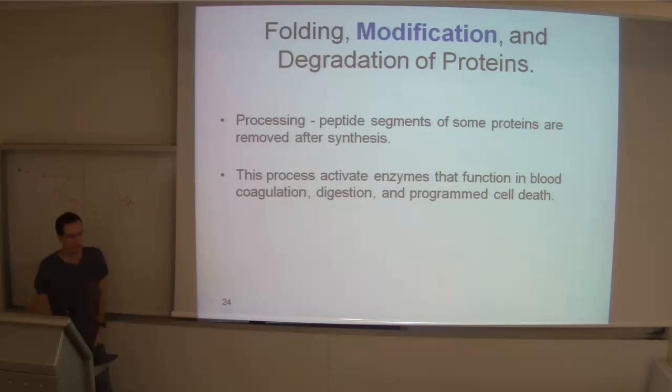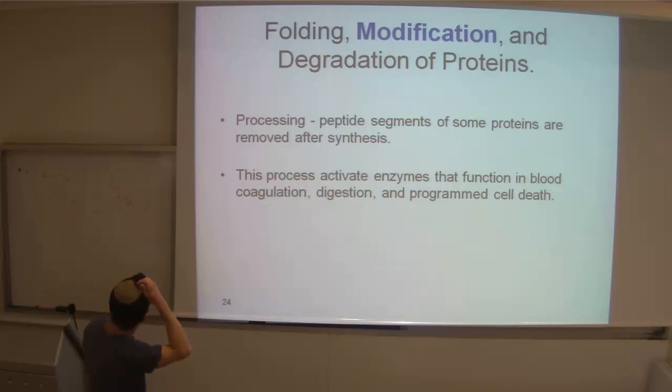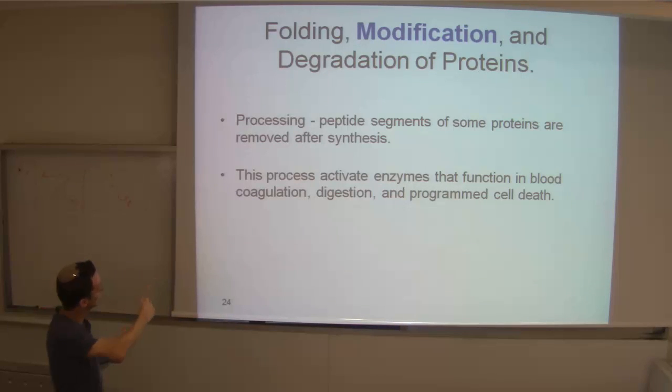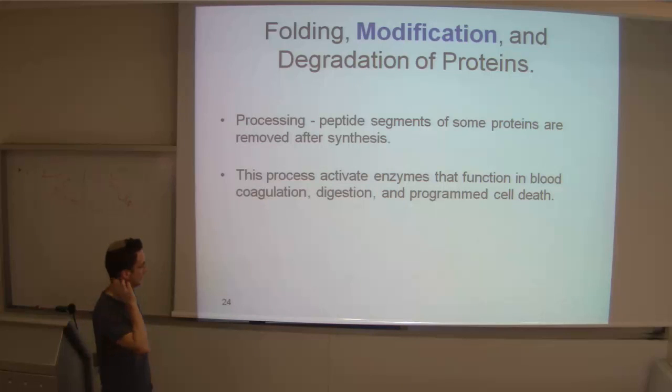Modifications are not only an addition of a chemical group to the polypeptide, but there could also be processing, in the sense of taking out fragments of the protein. So peptide segments of some proteins are removed after synthesis.